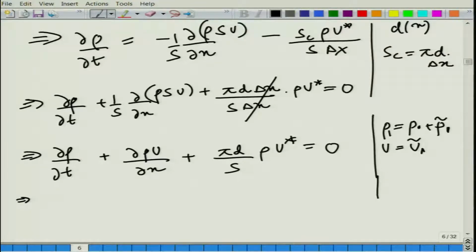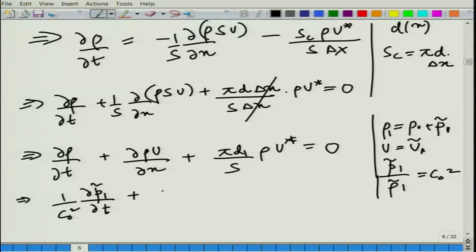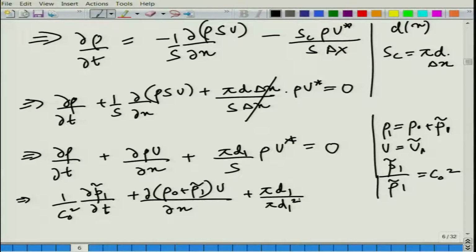For simplicity we can assume this is d 1, and what we can do is p 1 tilde by rho 1 tilde is equal to C naught squared, and 1 by C naught squared plus, one can expand this out, and plus pi d 1, and this will obviously be pi d 1 squared by 4.